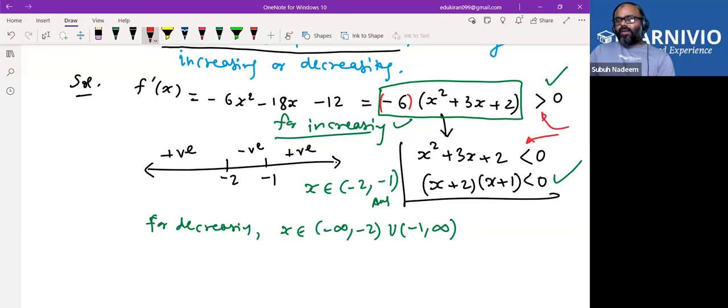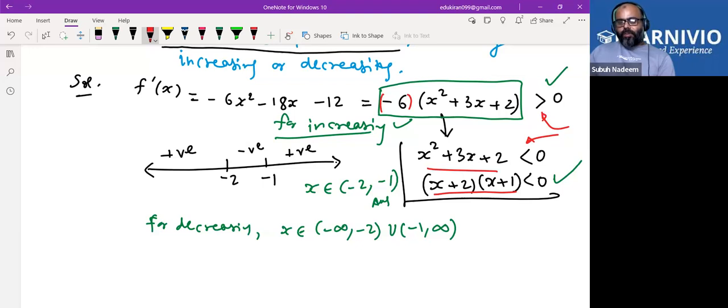It will not be greater than, it will be less than, because you are multiplying by minus on both sides. Then do the middle term splitting: (x + 2)(x + 1) less than 0. For increasing, this is the condition.